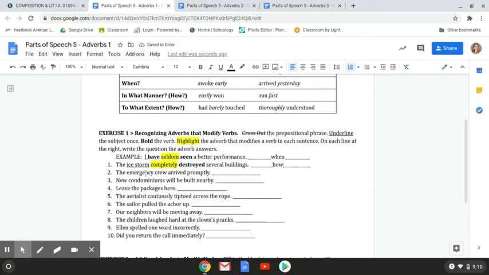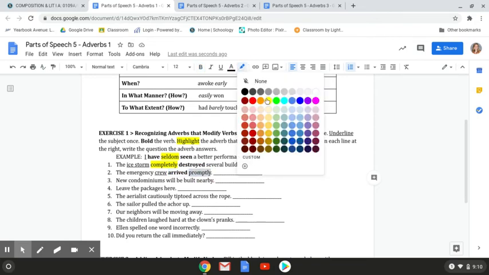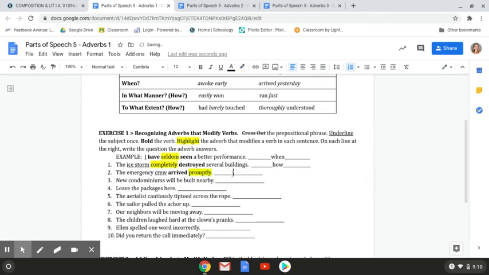Sentence number 2, there's no prepositional phrase. Subject is crew. Arrived is my verb. What did the crew do? They arrived. Okay, arrived how, where, when. Arrived promptly answers what question? Arrived when. Sentence number 3, new condominiums will be built nearby. There's no prepositional phrase.